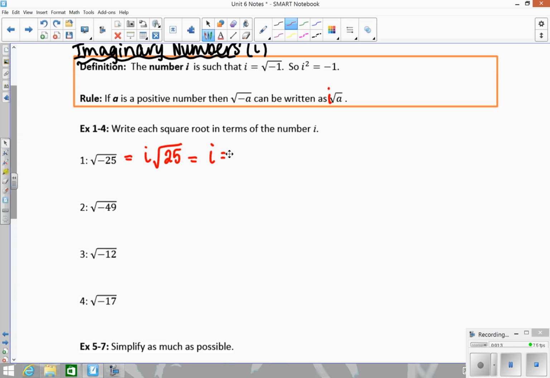So this is like i times 5, but normally we write it with the 5 in front. Then this next one, there's a negative under the square root, so that means there's going to be an i. If you take the square root of 49, you get 7, so the answer is just going to be 7i.